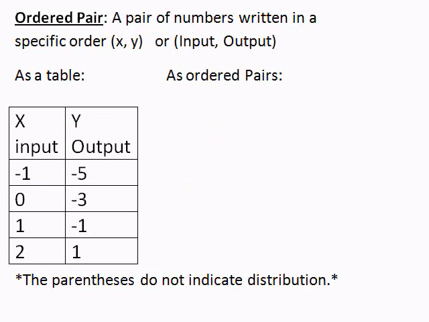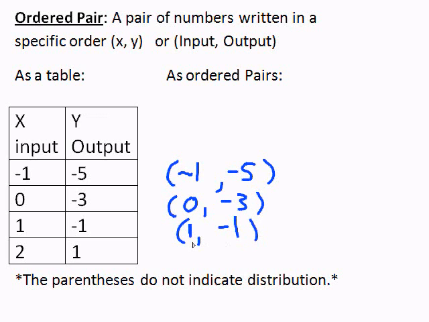What you need to know about ordered pairs is that you can transfer them from a table into these things, again called ordered pairs. Let's take a look. As an ordered pair, -1, -5 would be written (-1, -5). 0, -3 would be written as (0, -3). 1, -1 would be written as (1, -1).